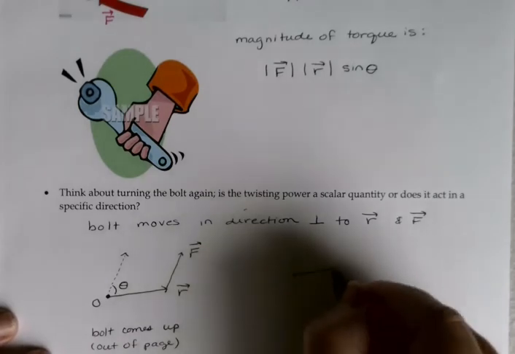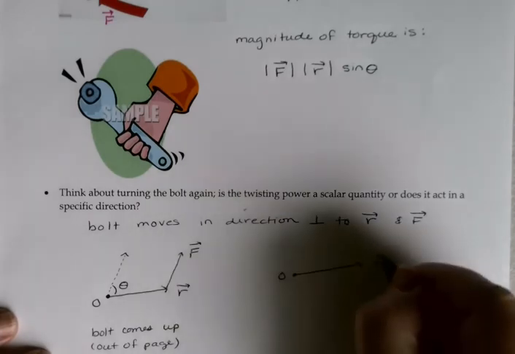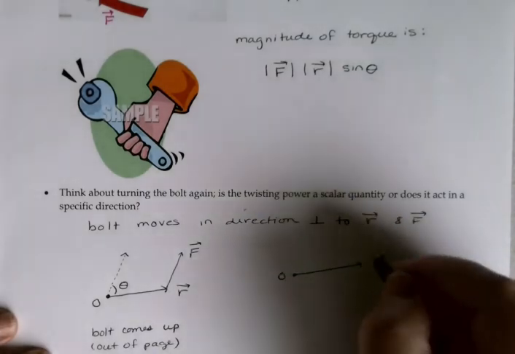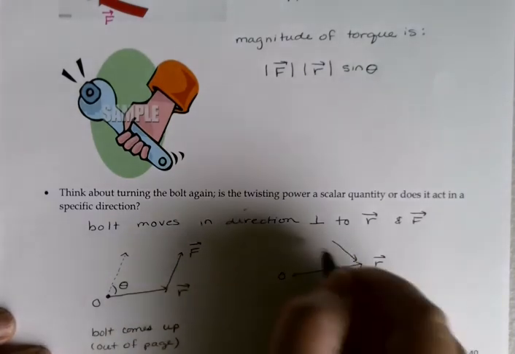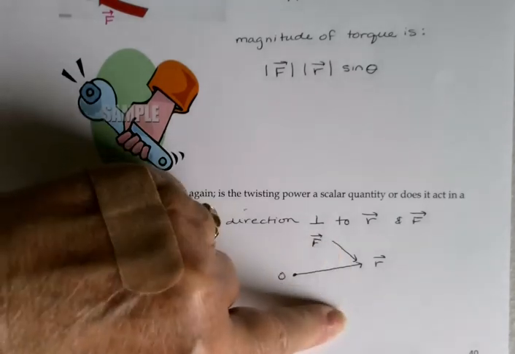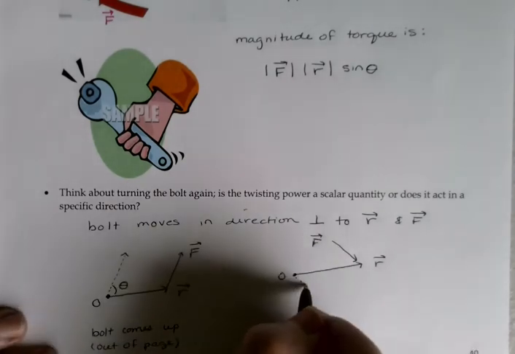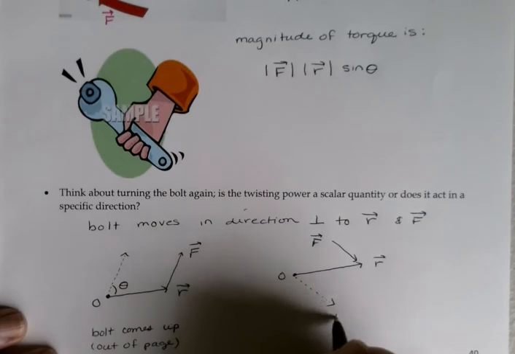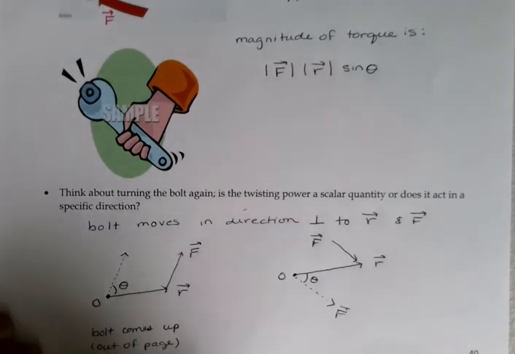Now what if I turn this around? Here's R again, and this time I'm going to push this way for my F. So I'm pushing my wrench toward the right. That should tighten the bolt. It should go into the page, right? Again, you have to imagine F translated over here to the origin so that both are in standard position to see your theta.